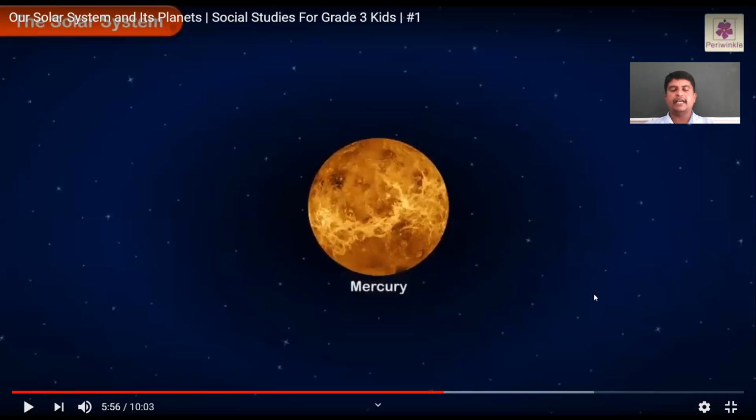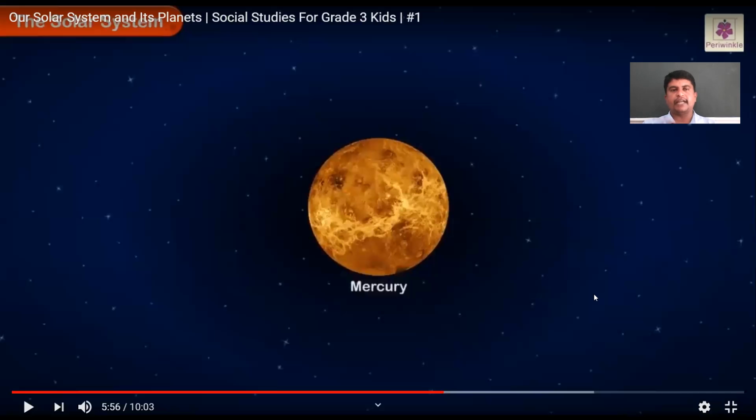It is also at the right distance from the Sun, so plants, animals, and human beings can live on the Earth. This is all about the chapter, Our Universe.